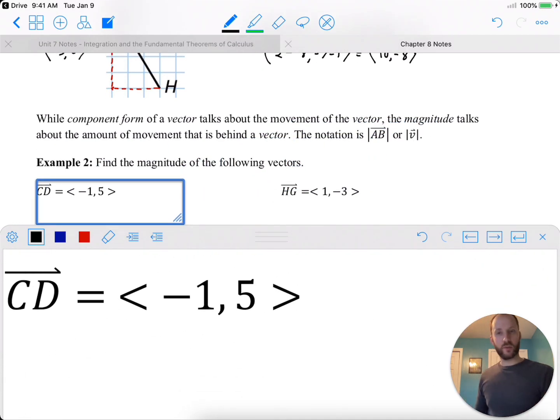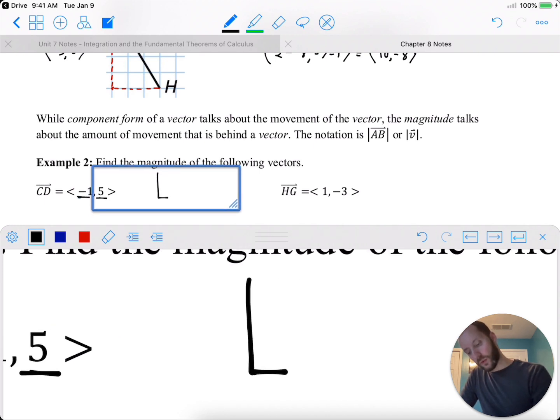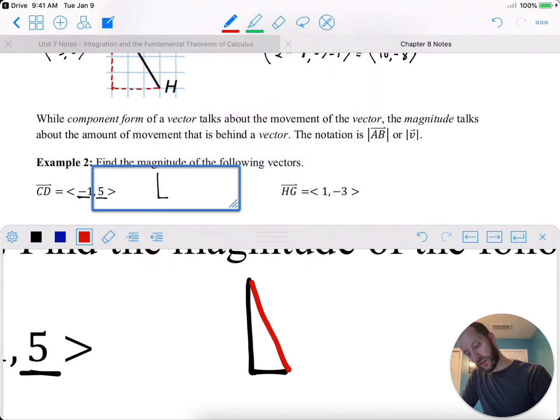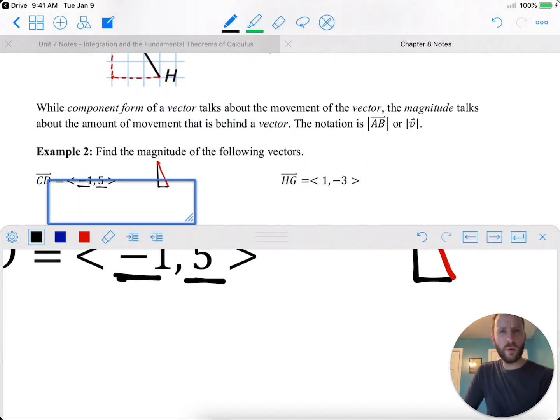Now the amount of oomph behind it would be the length of that vector. So 1 left, 5 up. We wanted the length of the vector. Boy, that looks a lot like a right triangle. You know, maybe because it is.